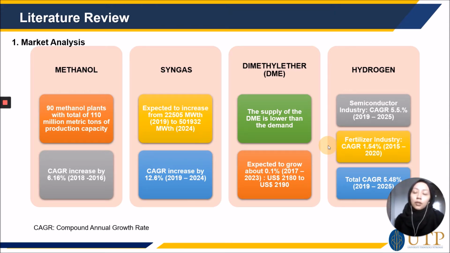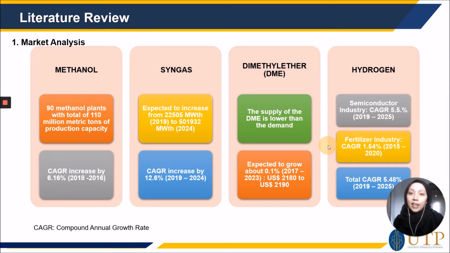Thus, for the Asia Pacific, the compound annual growth rate is expected to increase by 6.16% from 2018 to 2016. Moving on to our second product, which is syngas or synthetic gas. It is being widely used, especially in fertilizer production and also the petrochemical industry.